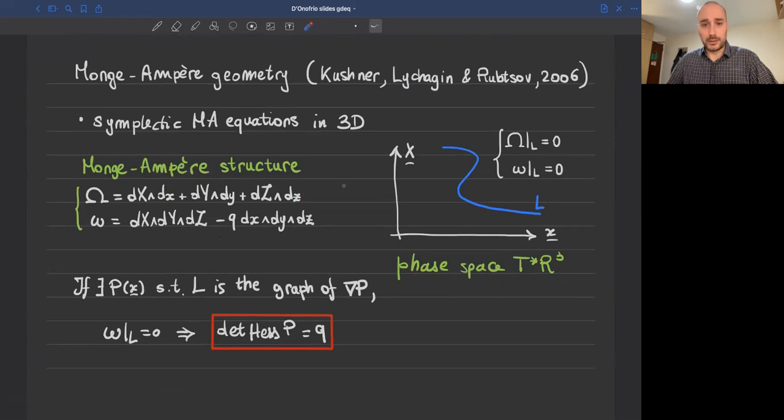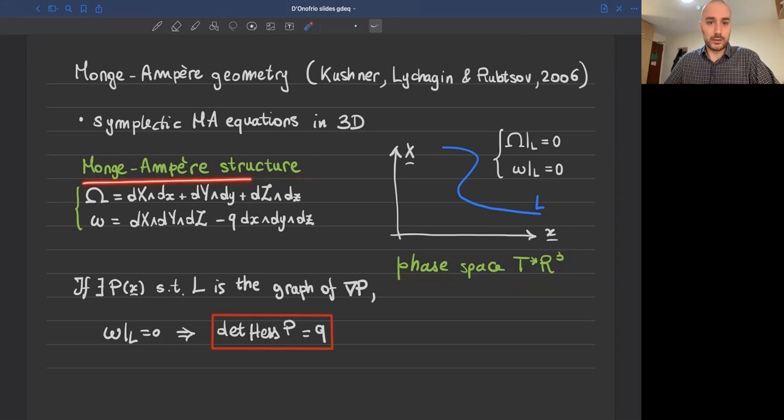It turns out that the study of this class of Monge-Ampère equations can be reduced to the study of phase space, that is the cotangent bundle to the space of independent variables, equipped with a so-called Monge-Ampère structure.